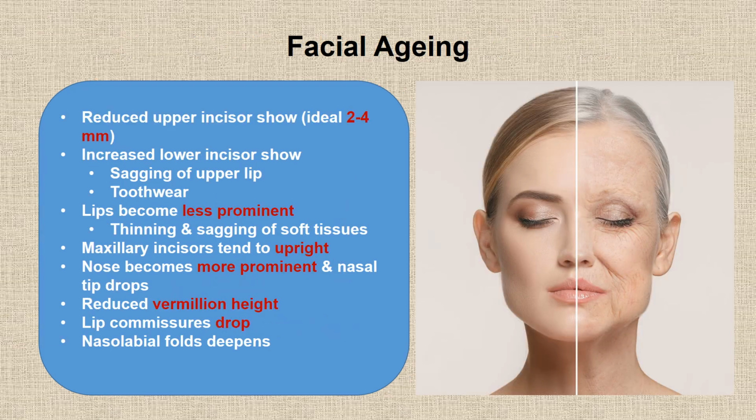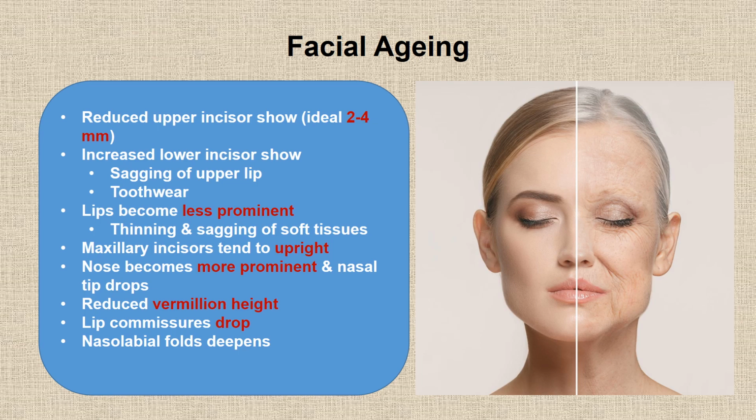Now, a word about facial aging. As we age, a number of features develop. There will be a reduced upper incisor show. Ideally, this should be 2 to 4 millimeters, and this will reduce gradually as we age.